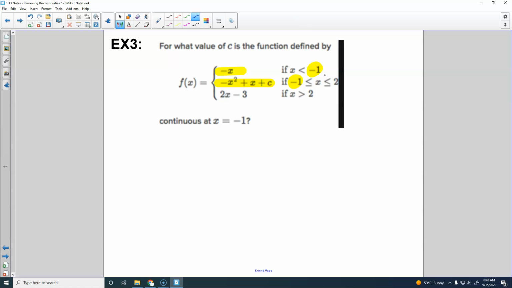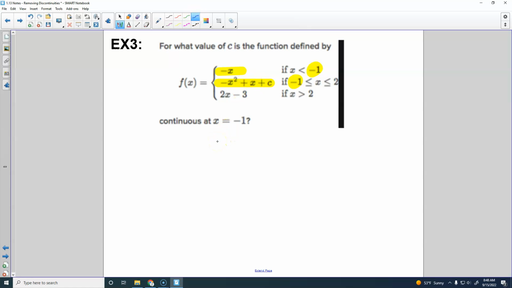So if the limits equal each other from both sides, we've got an open circle on one and a closed circle on the other, so it's going to be continuous. On these types of problems, it's not asking you to prove it continuous, so you don't necessarily have to go through those 3 steps like we have been doing, but you do need to consider that if those were both open circles, there would be no way for this to be continuous. I don't usually give that to you.